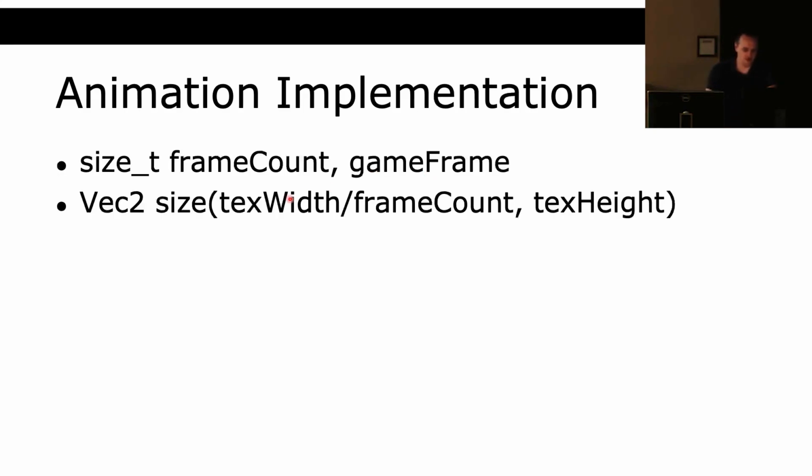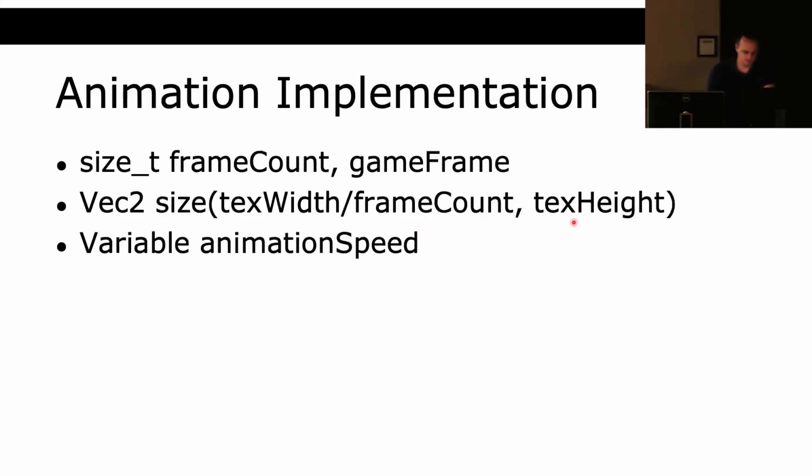We're going to have a vec2 size, and this is going to be the size of the rectangle that we want to draw. And so this is just the whole width of the texture divided by the frame count, right? Because if there's 3, we want 1/3 of it, and then texture height. Then there's a variable called animation speed, and maybe this should be called animation duration. I keep forgetting to change it every year.